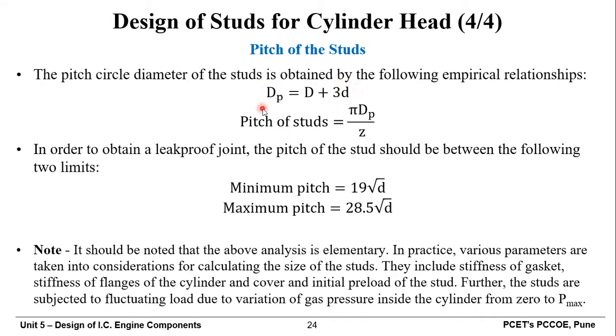Then by using this formula, once you get the Dp, you can calculate pitch of the studs, which is equal to pi Dp upon Z, where Z is number of studs.